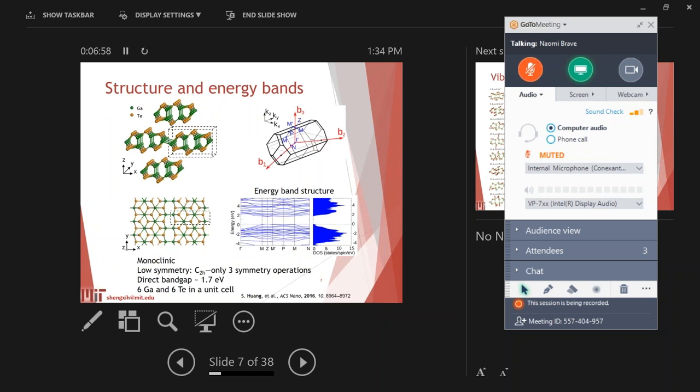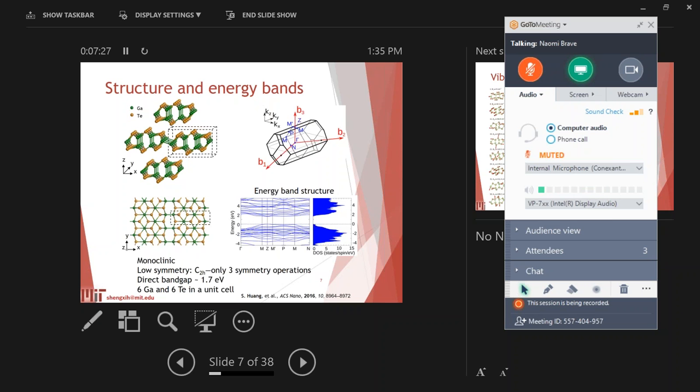And also, if we look at it carefully, we can see it has a very low symmetry, which is C2H. The C2H symmetry means it only has 3 symmetry operations in the lattice structure. The first symmetry operation is the 2-fold rotational axis along this y direction. If you look at this line of atoms, this constitutes a 2-fold rotational axis.